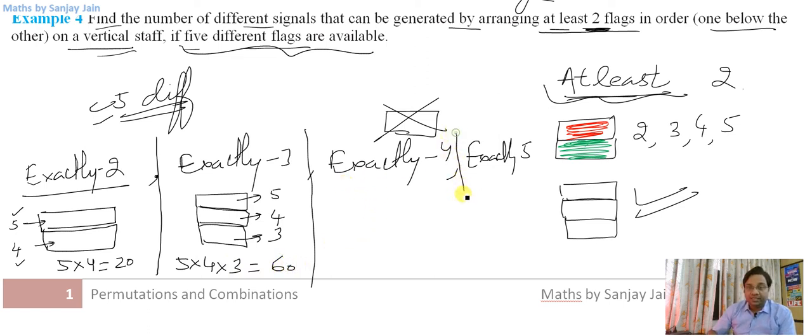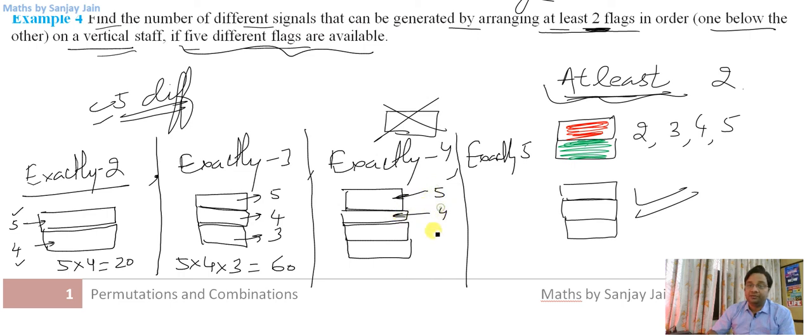When you have got exactly 4 flags, you have to generate signals using 4 flags out of 5. So the first place can be filled in 5 ways, second in 4, third in 3, fourth in 2 ways. Once you have filled the first place, you are left with 4 flags. Once you have filled the second place, you are left with 3 flags. So the total number of ways will be 5 into 4 into 3 into 2, that is 120.